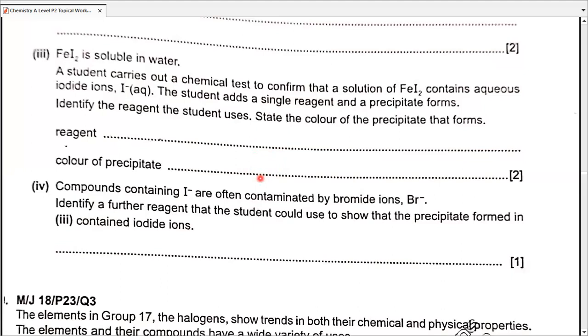But even if you do not acidify it with iodide ions, you can yet detect them with their pale yellow or yellow precipitate. So for a single reagent, if the case is iodide, yes, you can use silver nitrate, and you won't have a problem getting the precipitate.